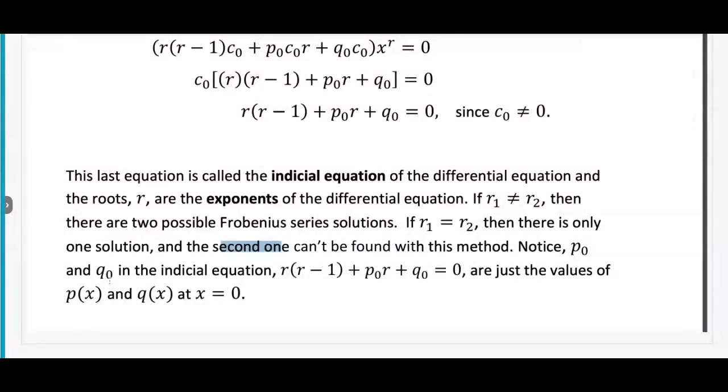So notice P naught and Q naught in the initial equation. P naught and Q naught are just the values of P of 0 and Q of 0, right? Does anyone have any questions?